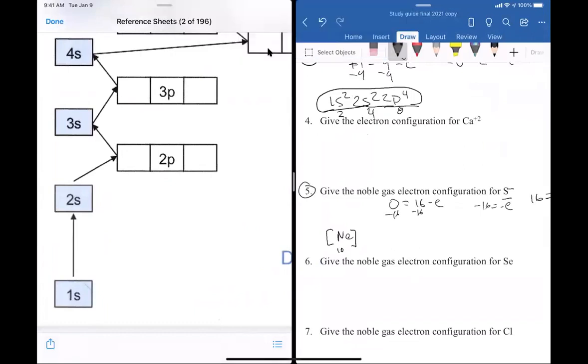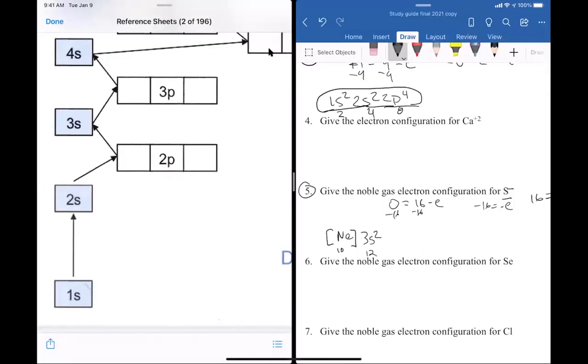Right? So after 2p, we have what? Where does the arrow point to after 2p? 3s, yep. So we go to 3s and then we can house 2 there.